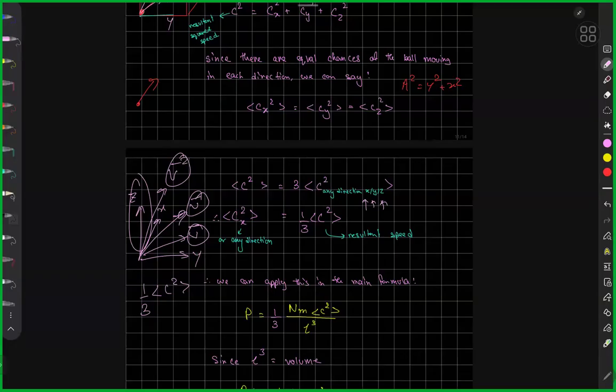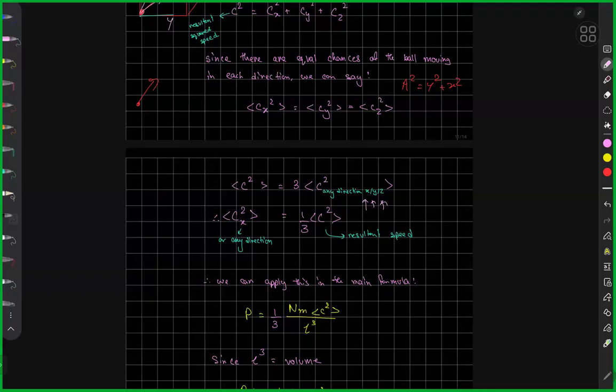And 1/3 in the x direction, 1/3 in the y direction. So I'm saying that the magnitude of the speed squared is 1/3 in each of those directions of the resultant speed. That is all I'm saying.